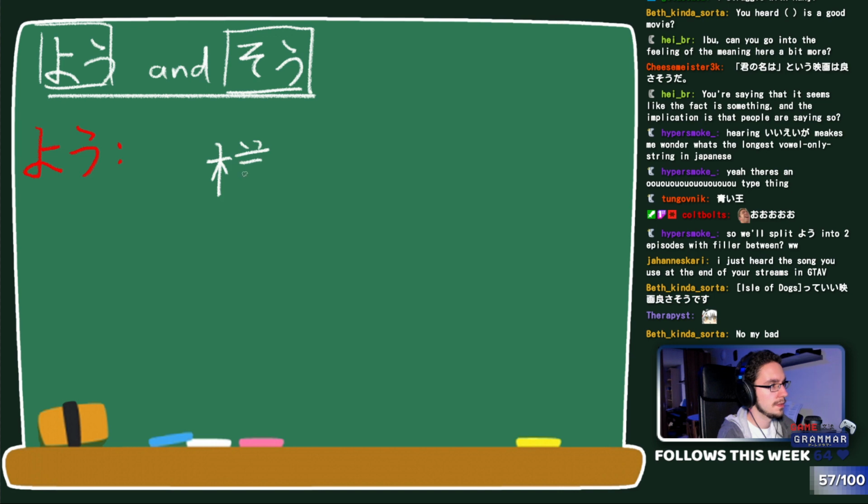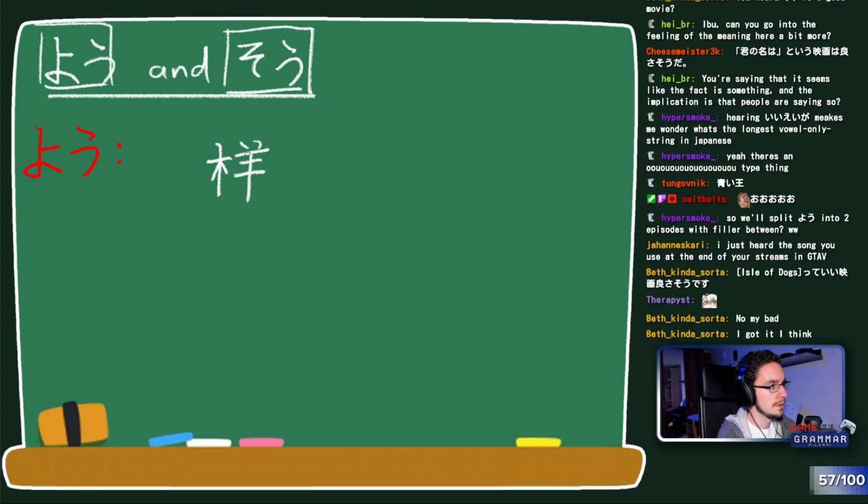So generally that's yo or sama, okay? So generally it has to do with appearance or, you know, likeness. So let's just go with this sort of appearance meaning, okay? Yo.